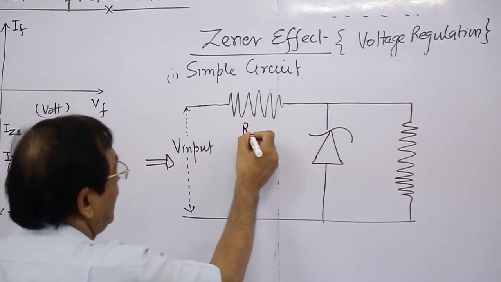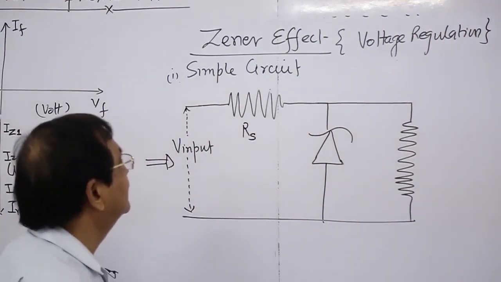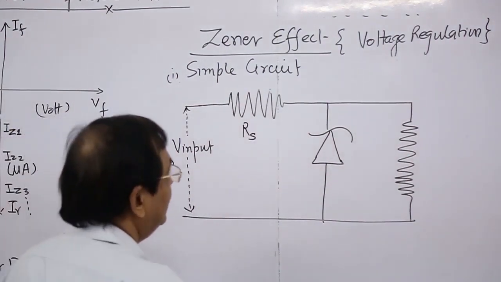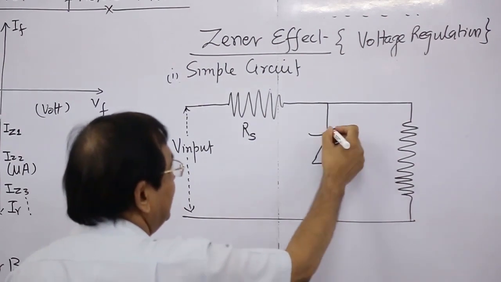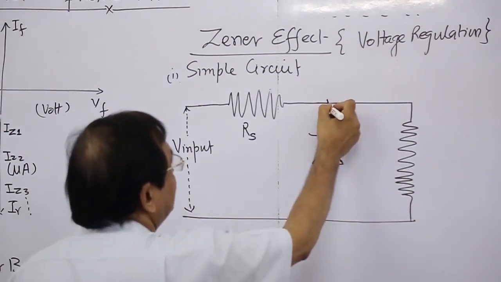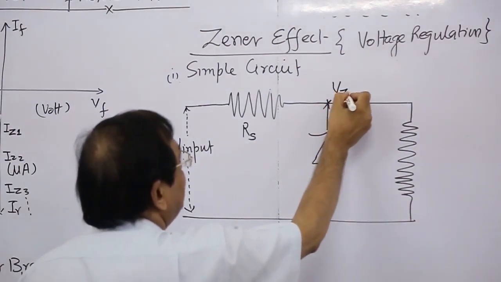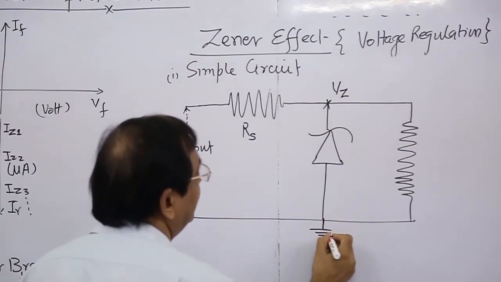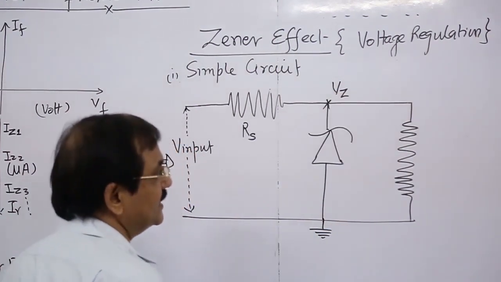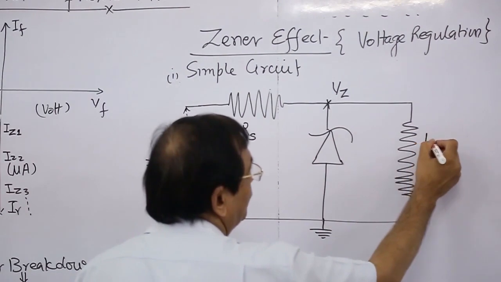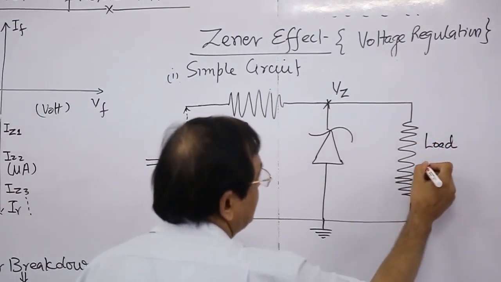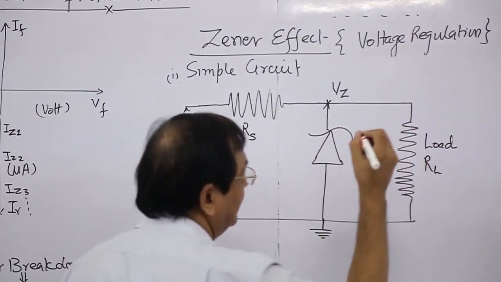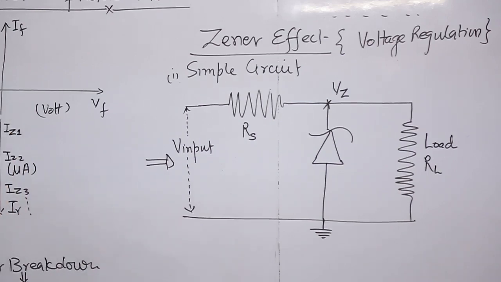This is your RS. Here is the Zener, and this potential is Vz if it is grounded, the Zener voltage, and this is the load resistance RL.